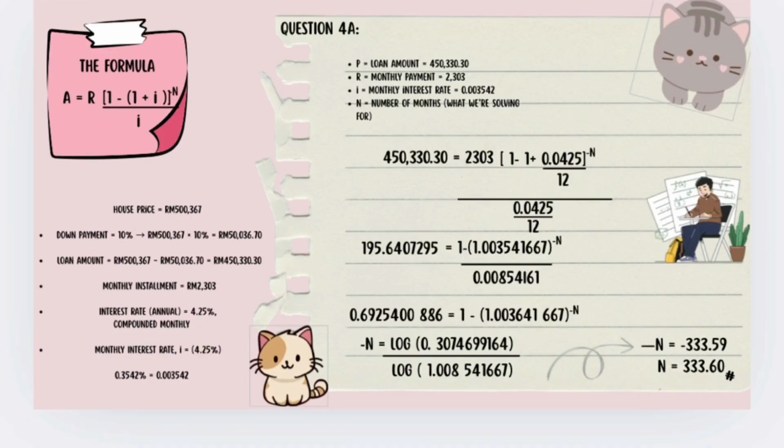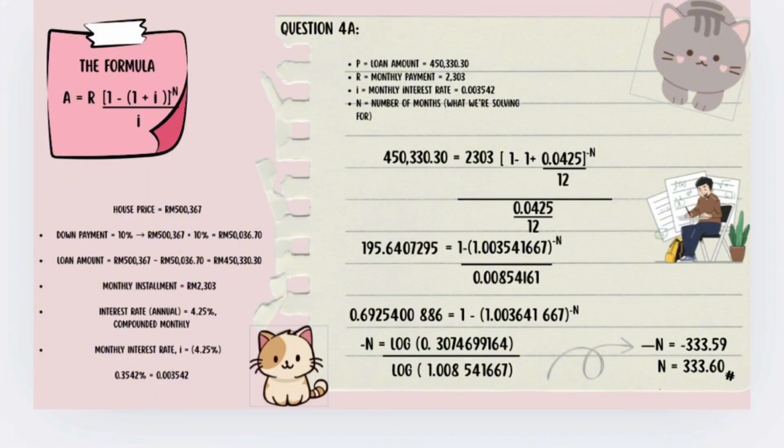So let's continue. 450,330.30 equals 2,303 [1 minus (1 plus 0.0425 over 12) to the power of negative n] over 0.0425 over 12. So the first step, 450,330.30 divided by 2303. After that, we will get 195.6407295.